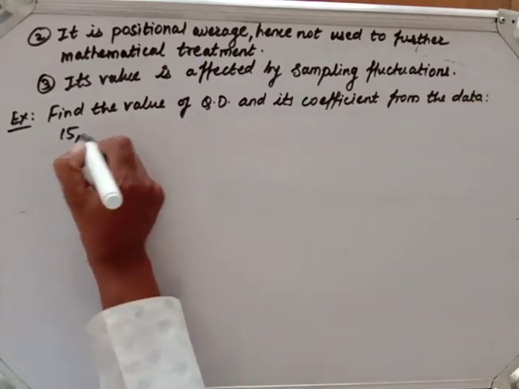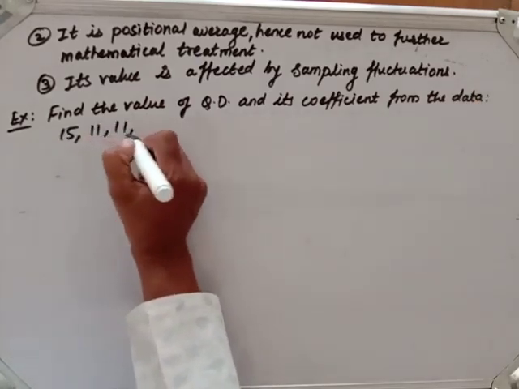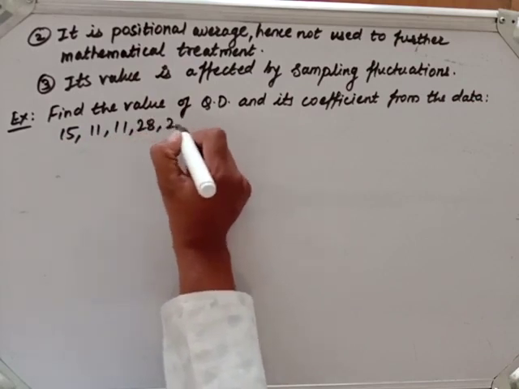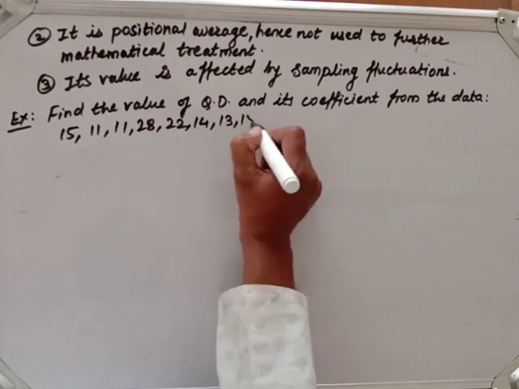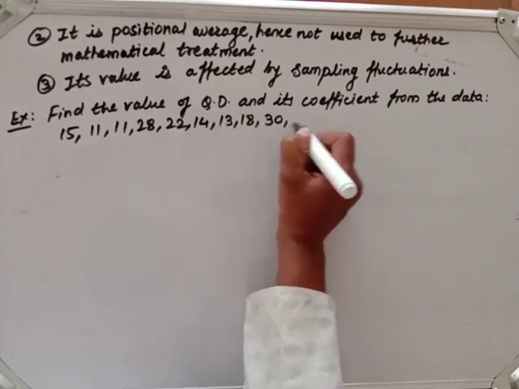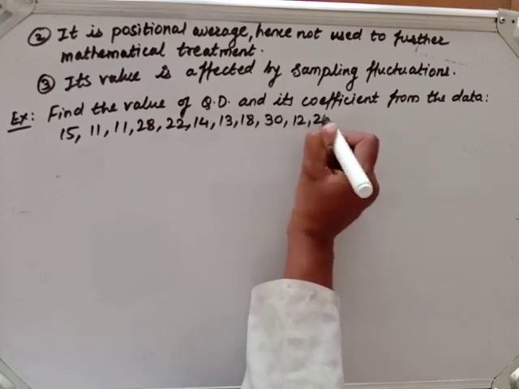The observations given are 15, 11, 11, 28, 22, 14, 13, 18, 30, 12 and 25.